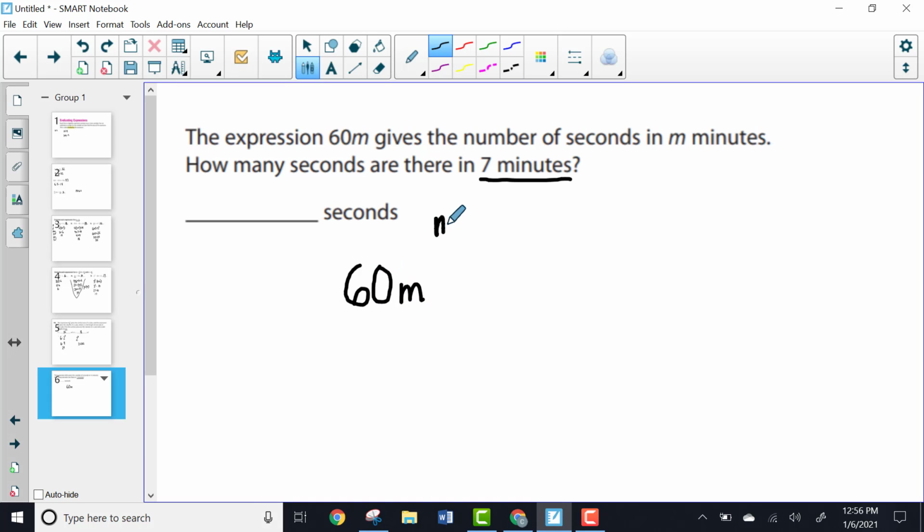We know that m equals 7. Why do we know m equals 7? Because it's shown right here in the problem. So we take 60 times m, which is going to be 60 times 7 now. We do 6 times 7 is 42. We can add our 0 for 420 seconds in 7 minutes.